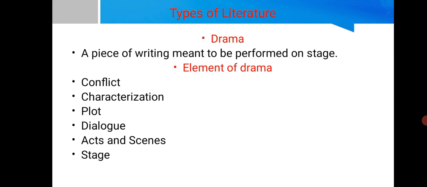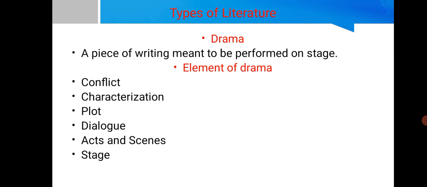Again, just like I did under prose, there are certain elements that will help you to identify what drama is, or whether a book should be classified or called drama. You have to pay so much attention to these elements, because if you pick a prose work or a dramatic work, they are all in the form of a book, they are all in the form of a novel.